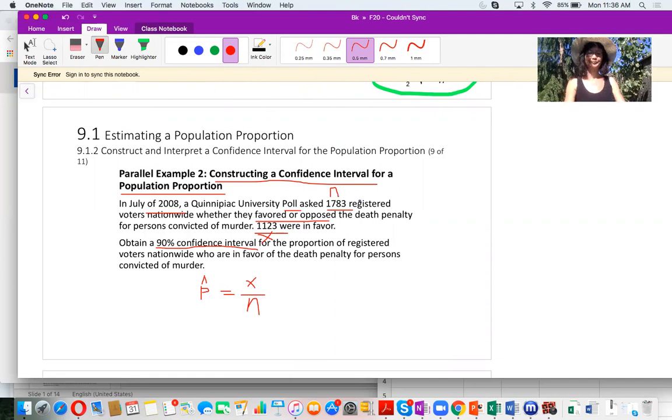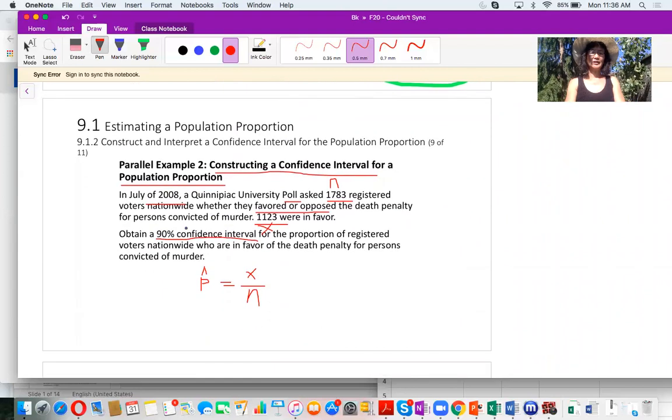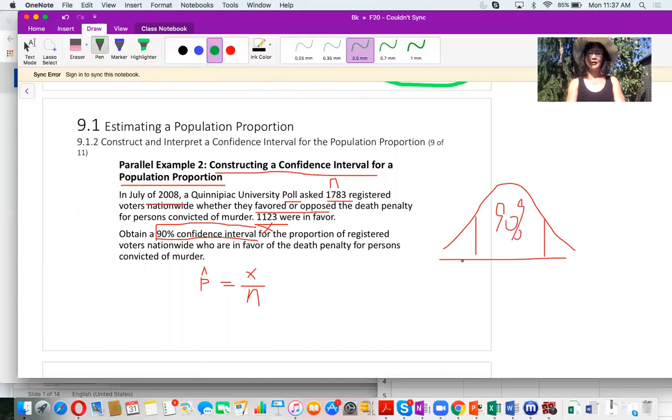Okay. And next, in this formula, we also need Z half alpha. So when you have a 90% confidence interval, the question is, what is this Z half alpha? That is the question.